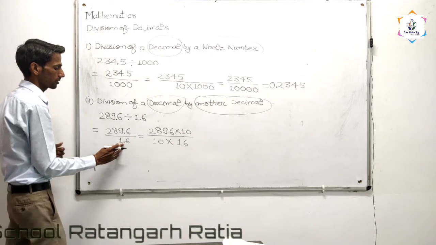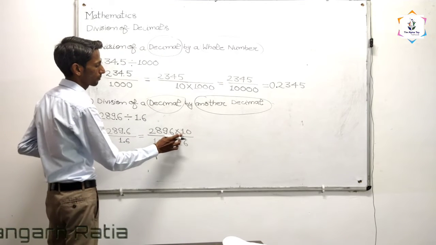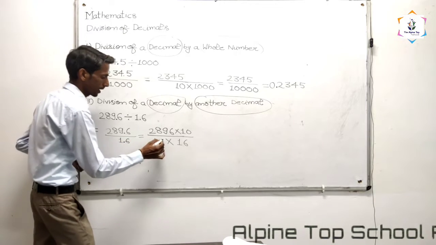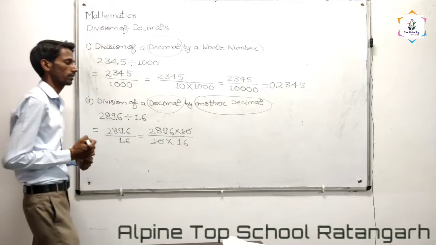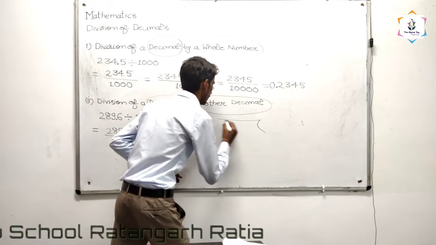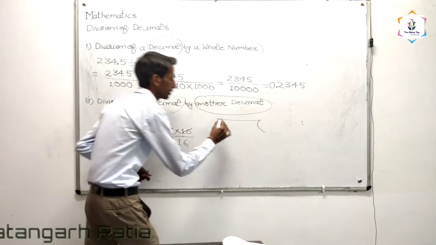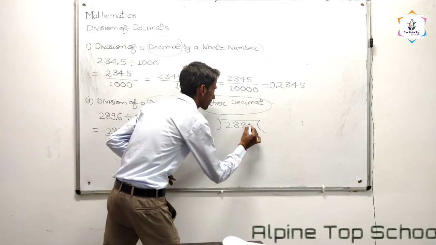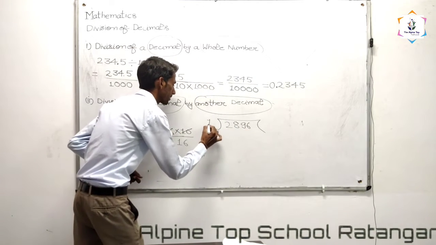At the second place we put 1, and at the ones place we use a 0. Now 10 is cancelled with 10. Now we have to go to rough work and try to divide 2896 by 16.